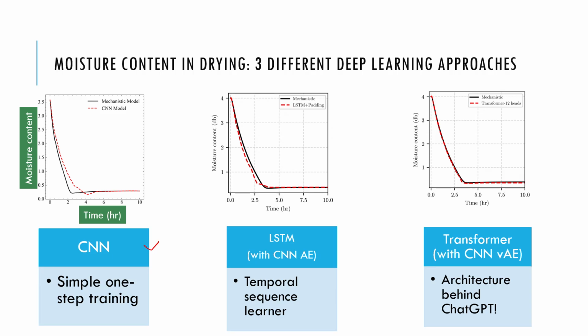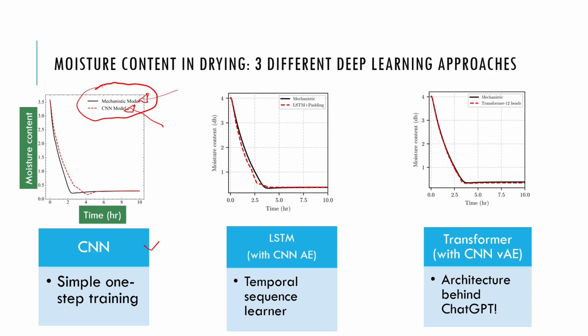It's one of the simplest, one-step training, and you can see the comparison between the mechanistic model, meaning outputs that are generated from a full physics-based model, the kind of model that we will develop in this course, and then comparison of how well that is being reproduced by the CNN model, which is in red.